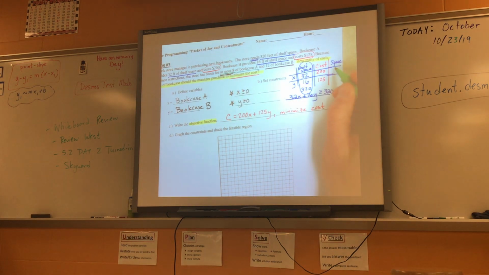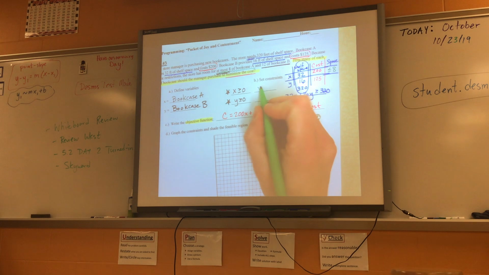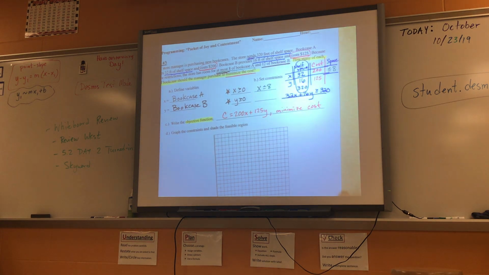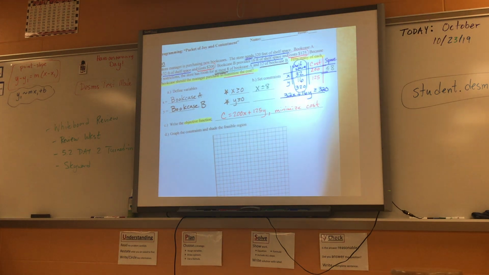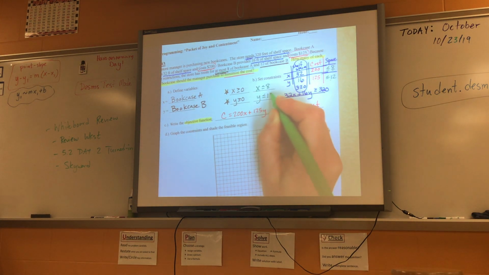It's less than or equal to 8 for bookcase A. So X has to be less than or equal to 8. And the other one says at most 12 of bookcase B, so Y has to be less than or equal to 12.